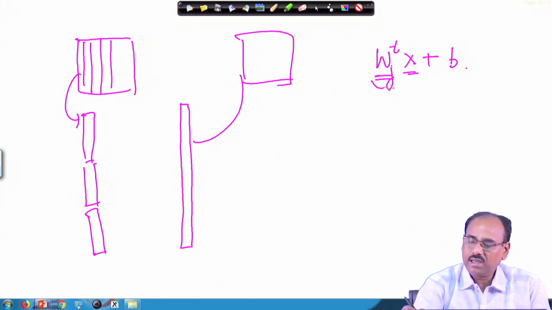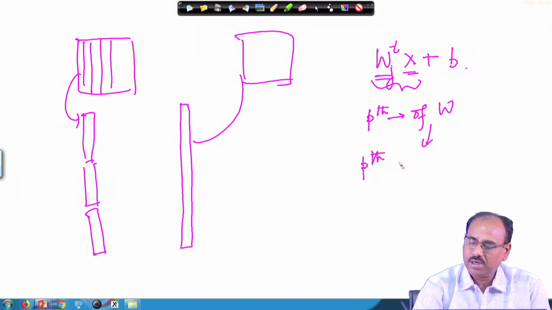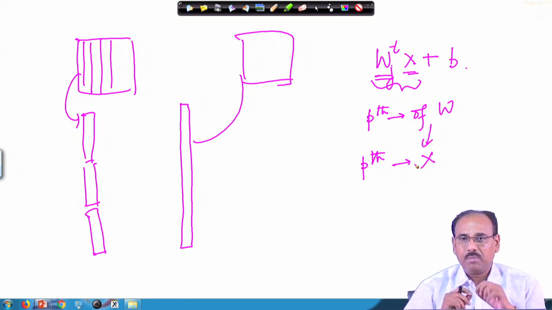What we have done over here is that every pth component of W is multiplied with the pth component of my input vector x. That means the pth component of my weight vector, the jth row of W, corresponds to the pth pixel in the vector representation of my input image.